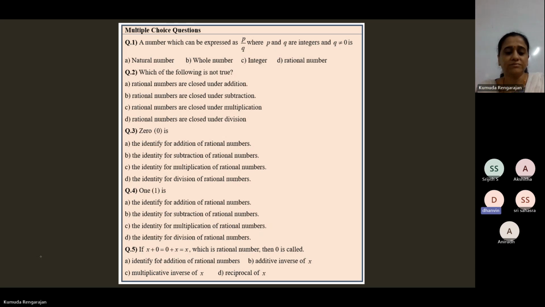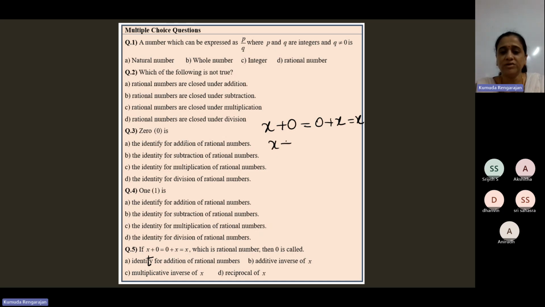Last one. A, ma'am. Identity for addition of rational numbers. Yeah, because rational number x plus 0 is the same as 0 plus x, which is equal to x.